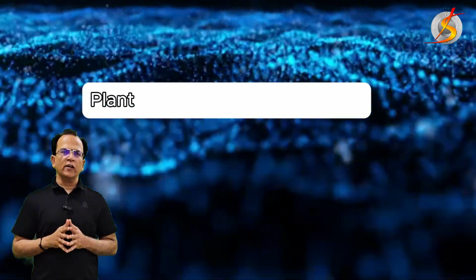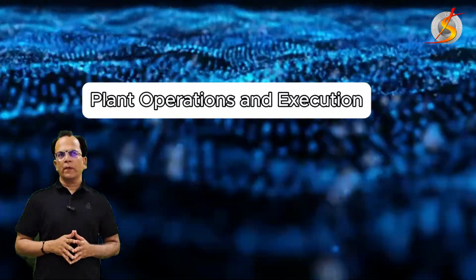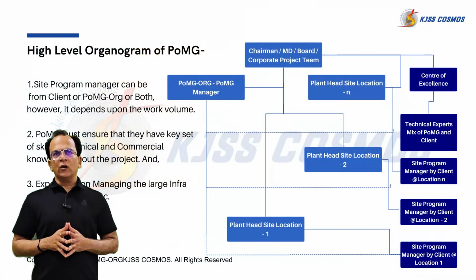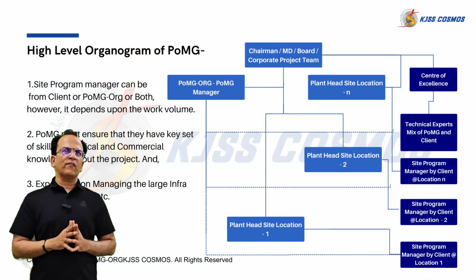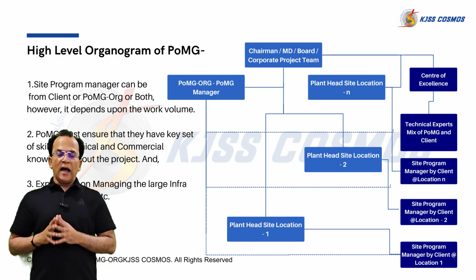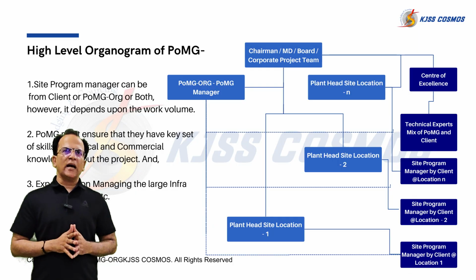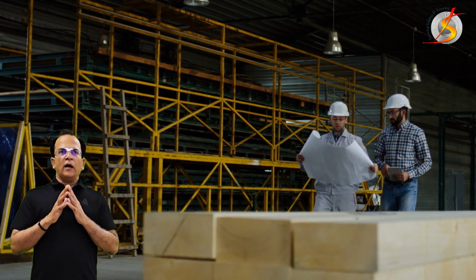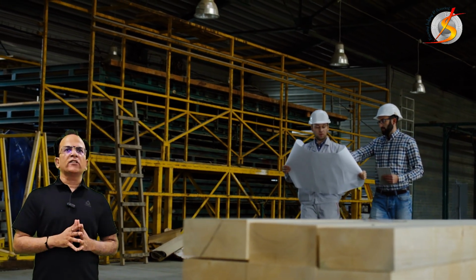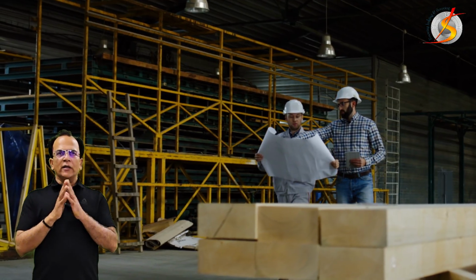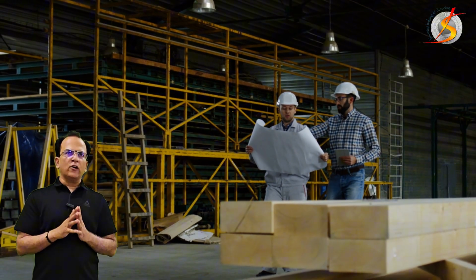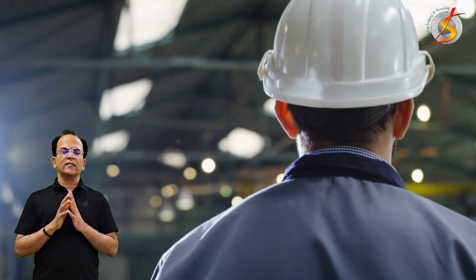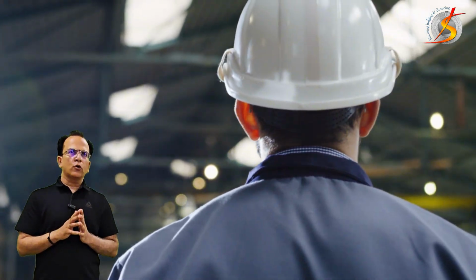So let's come to the responsibility of a site project head. The site project head oversees all site-level project functions, and all agencies of the site report to manufacturing, production, and operational efficiency. In other words, all functions of the site will report to the site project head.